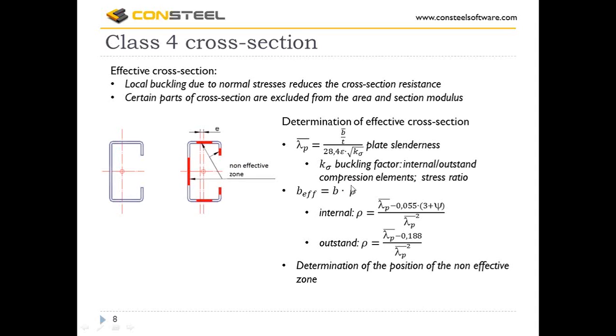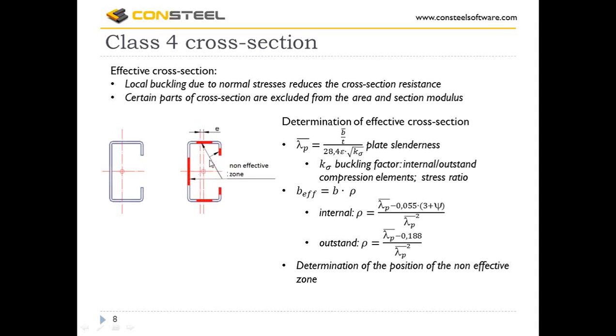Then the reduction factor has to be determined, which depends on the plate slenderness factor and the stress ratio in case of internal plate. This factor is the stress ratio factor. The last step is to determine the position of the non-effective zones. Here you can see the non-effective zones in a cross-section.